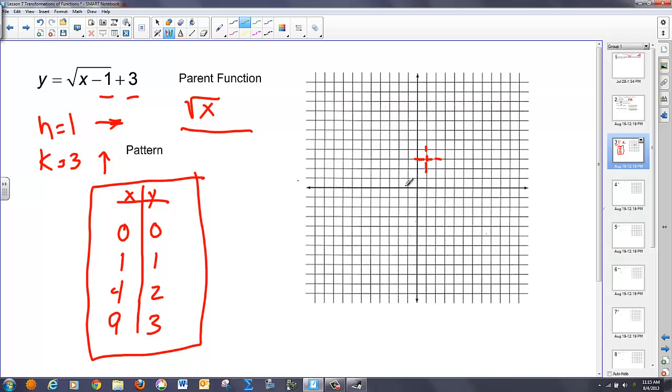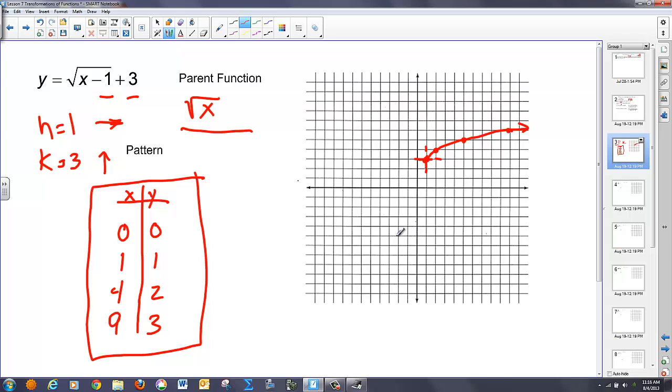So what I should be able to do is graph 0, 0 from my new origin, graph 1, 1 from my new origin over 1 and up 1, graph 4, 2 from my new origin, and graph 9, 3 from my new origin, and then connect these dots and say, well, hey, this is my new curve.